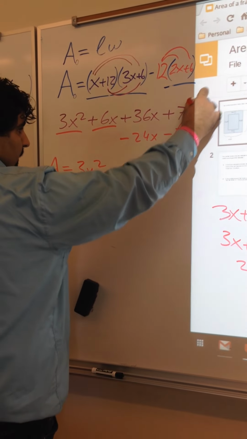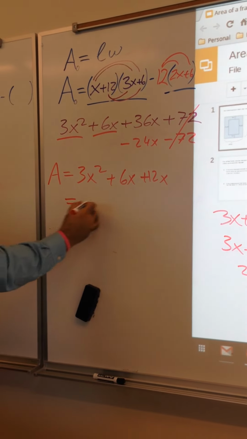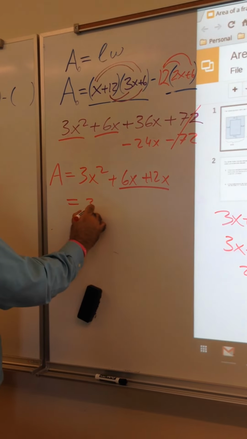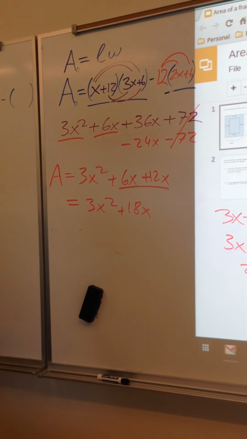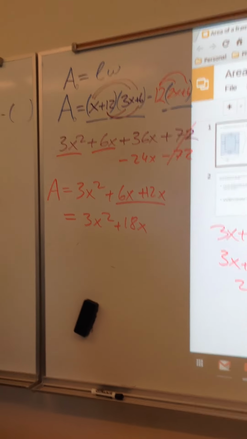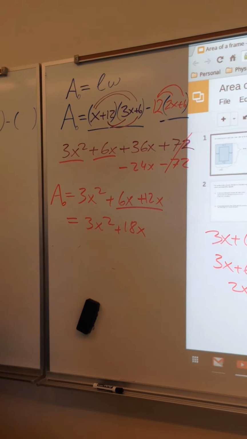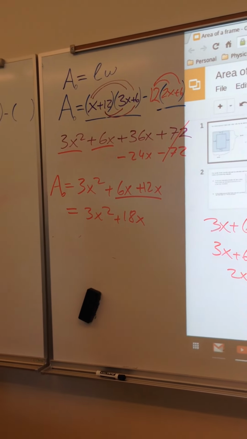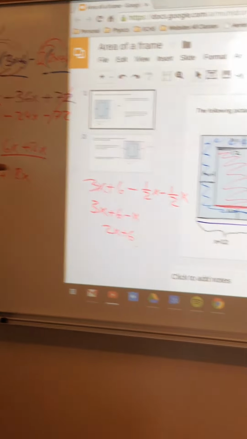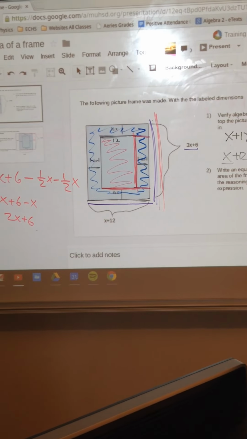And the 72s cancel out. Adding the terms, you get 3x squared plus 18x. That's your area for your frame. We're going to call it the original area of the frame, because we are going to be asked to find a new area.